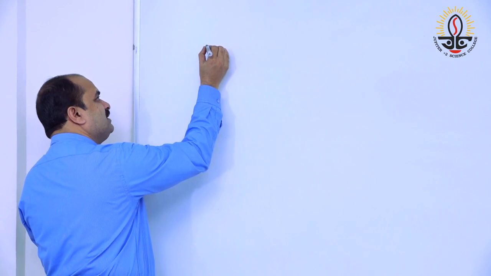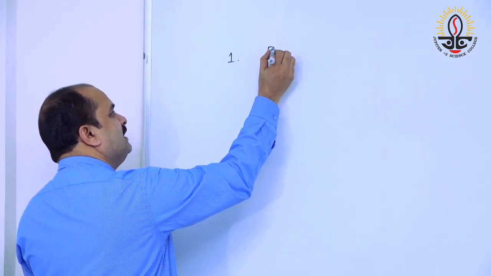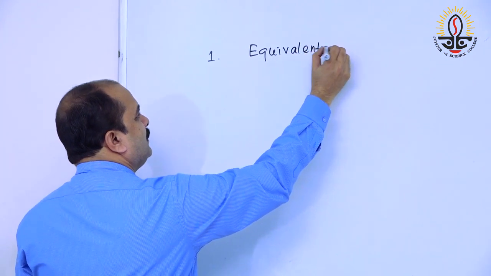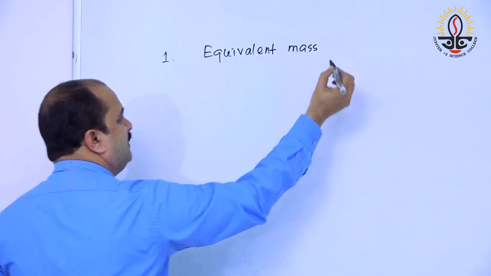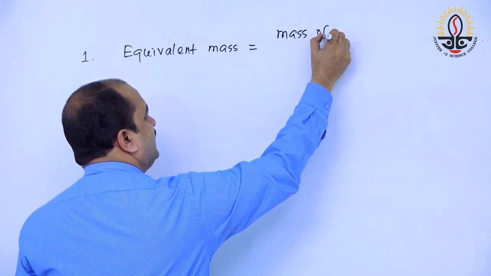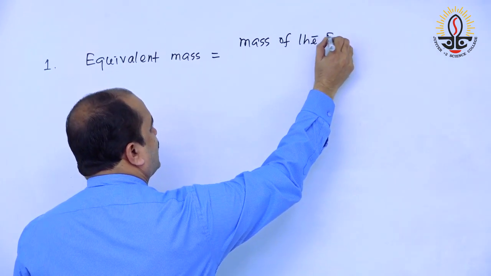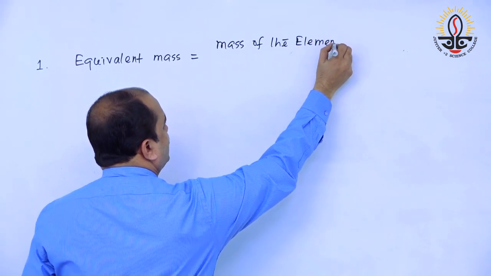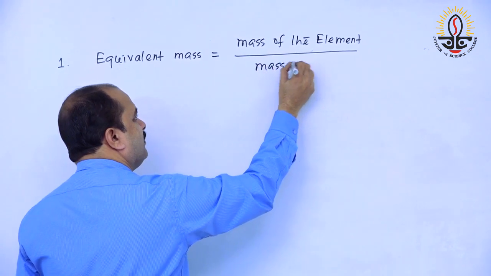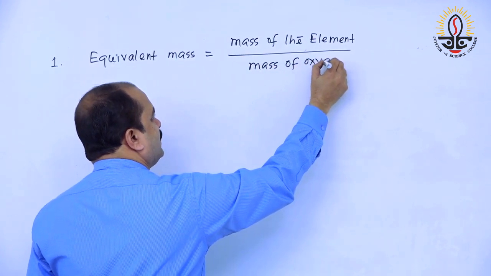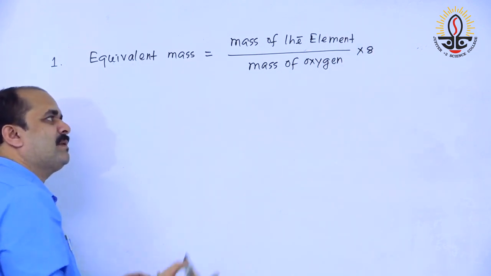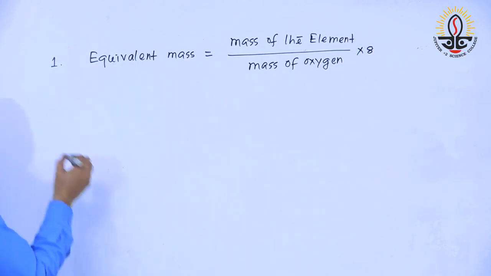First formula: equivalent mass of an element is equal to mass of the metal, that is mass of the element divided by mass of oxygen into 8. We have to calculate the mass of the substance for 8 gram of oxygen.